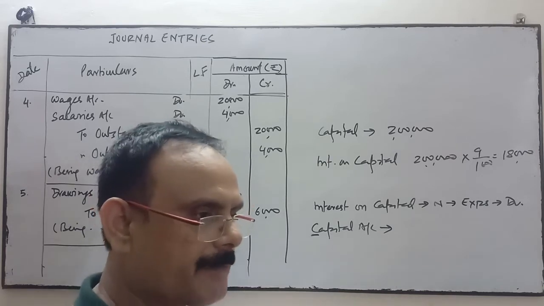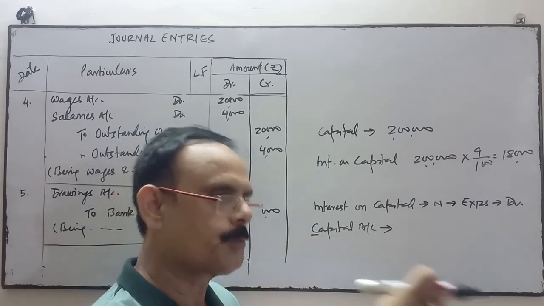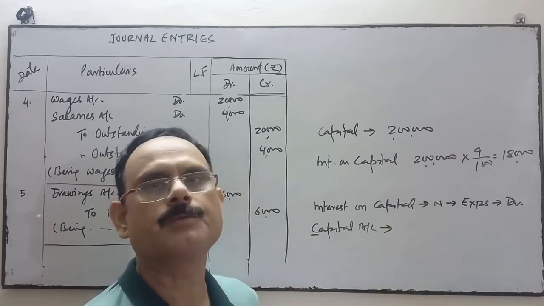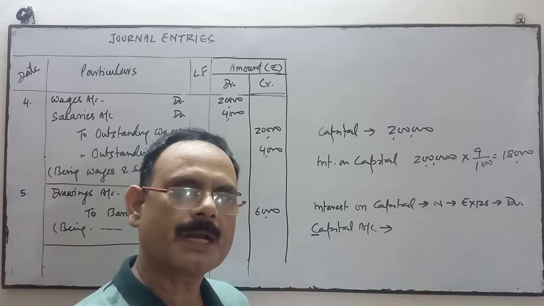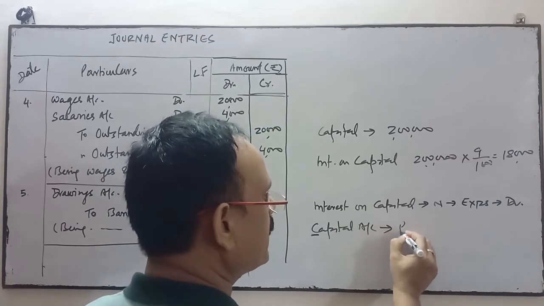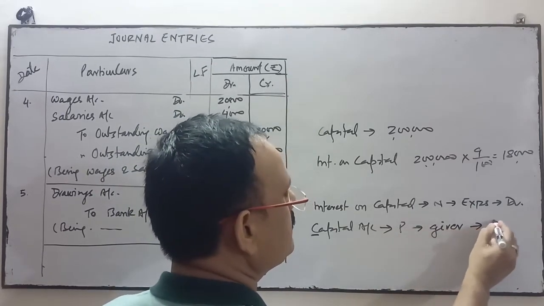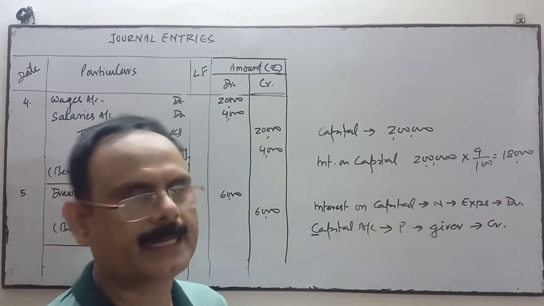If I have not given the interest amount to the proprietor and that money is with me, it indicates that the proprietor has given the money to me. So the proprietor comes under personal account, and he is the giver of that money. So this account will be credited.